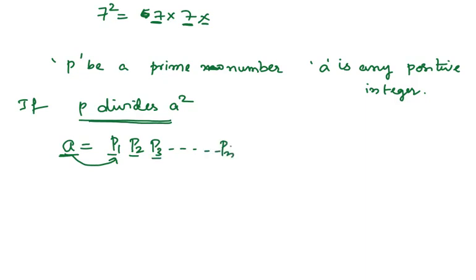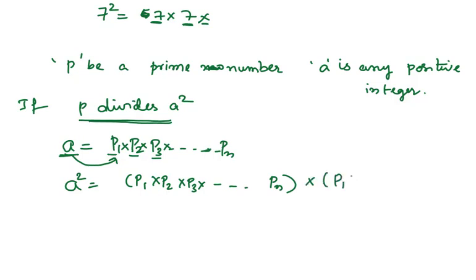These are the prime numbers. What are p1, p2, p3, and so on till pn? These all are prime numbers. The product of the prime numbers p1, p2, p3, and so on till pn is nothing but the a value. Now a square means p1, p2, p3, and so on till pn, multiplied again one more time, because it is a square.